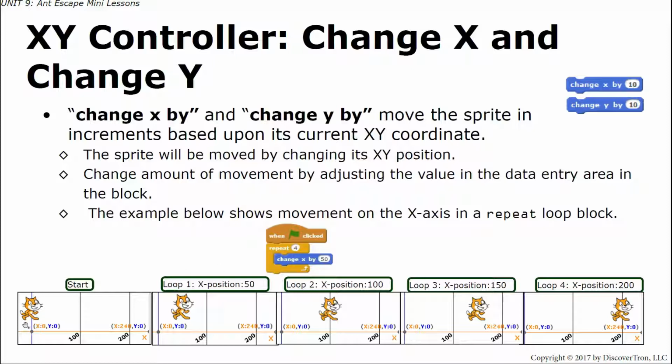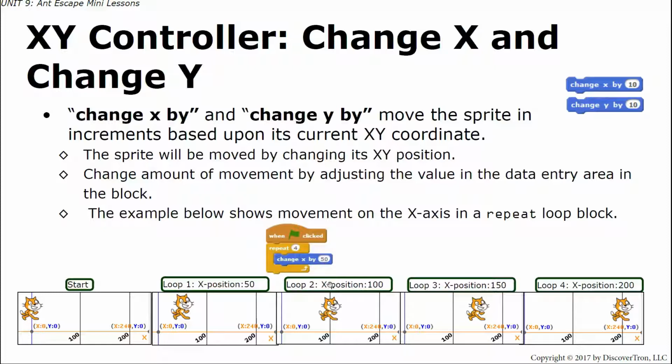So right here on the first loop, the cat goes from 0 to a position of 50 on the x-axis. The first time it goes through, we change x by 50, and the cat's now at position 50 on the x-axis. We're not even worrying about the y, so don't even think about that. In the second loop, when it goes back through again, the cat's now at position 100, because we just changed it by 50 again.